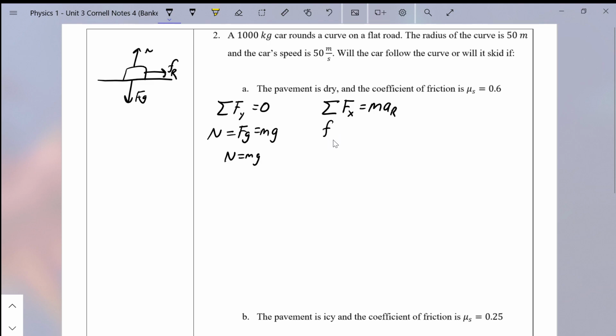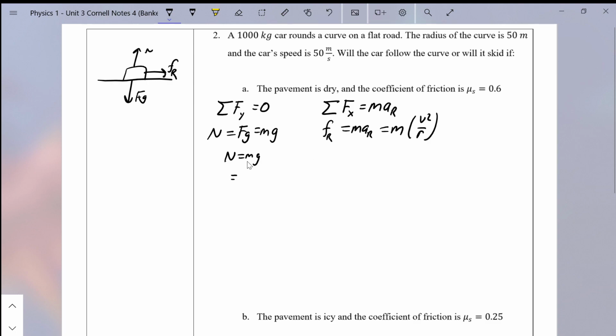So this will be equal to m a sub r, which is also equal to m v squared over r. Now, I need to calculate my normal force, because to calculate the friction force, I need the normal force.